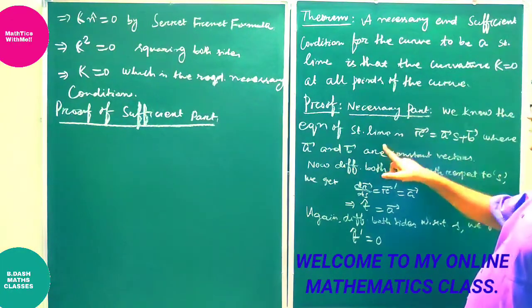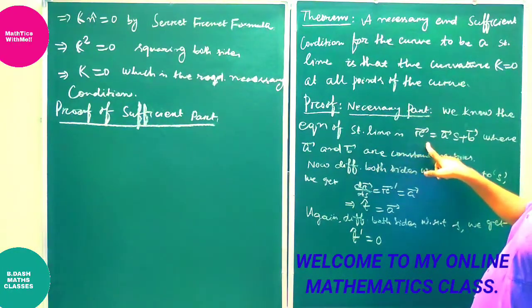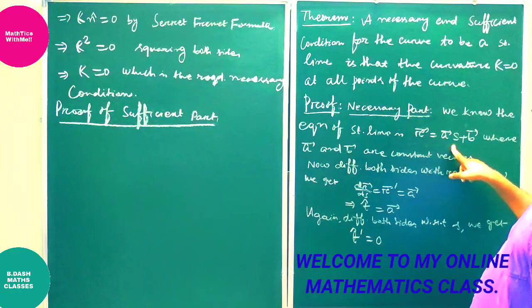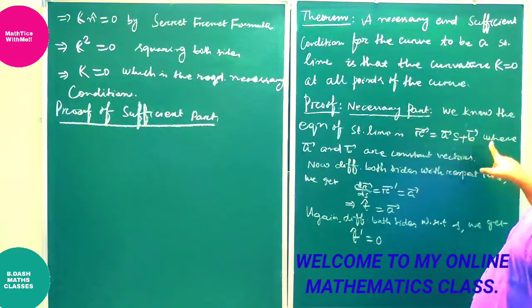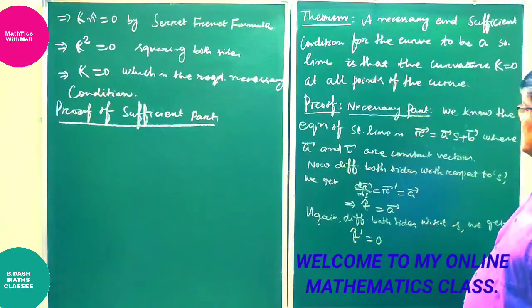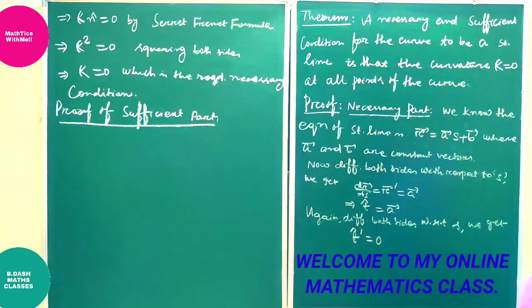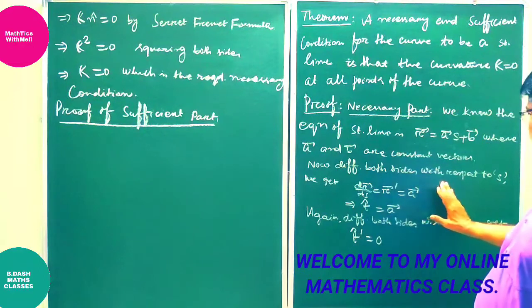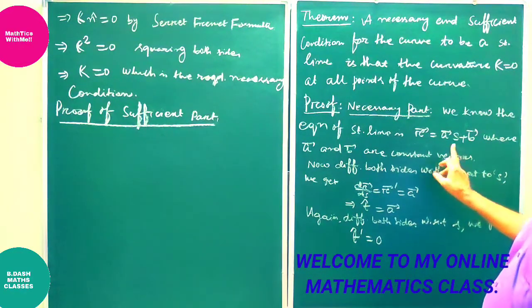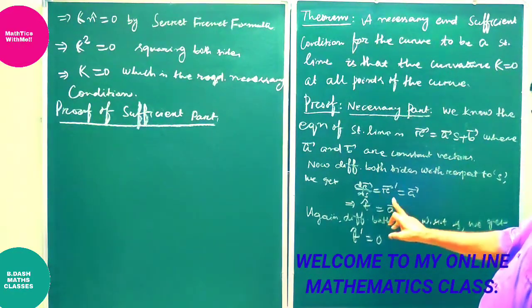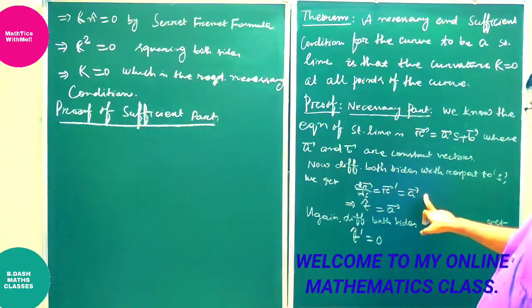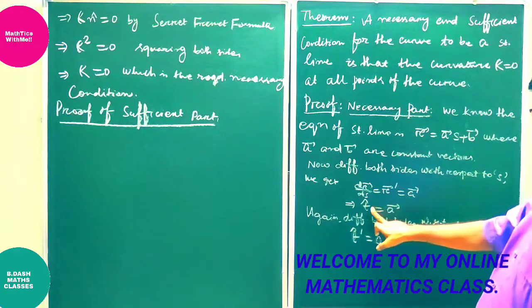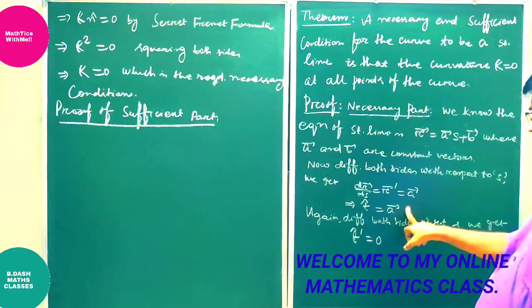We know that the equation of a straight line is vector r is equal to vector a s plus vector b, where s is the arc length, and vector a and b are constant vectors. Now differentiating both sides with respect to arc length s, we get dr/ds, which is denoted by vector r dash, is equal to vector a. So that is T is equal to vector a.